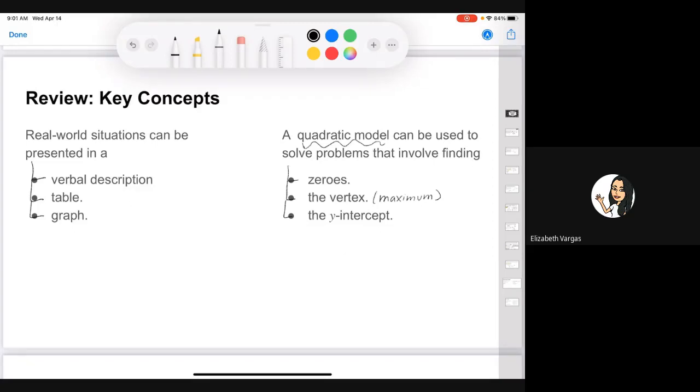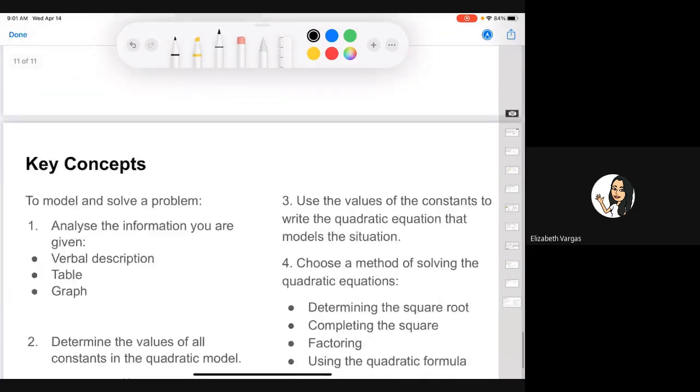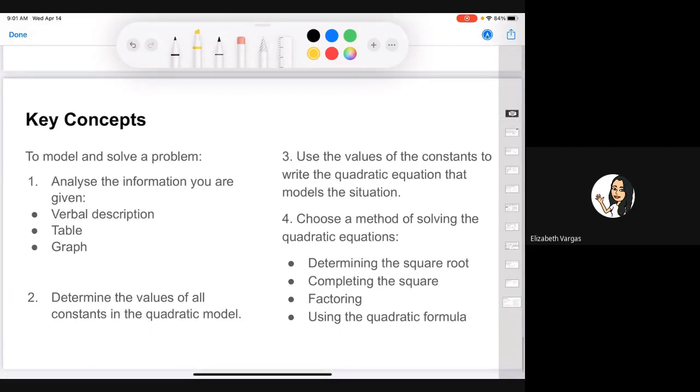Once we are able to map these real world situations using quadratic equations, we can go ahead and solve problems using that information. But in order to do that, the first thing we need to do is analyze the information we are given, whether it's a verbal description, a table, or a graph. We need to determine the constants, because once we determine the constants, we can then write a quadratic equation that models that situation. And then lastly, we can solve for whatever type of problem we are given.